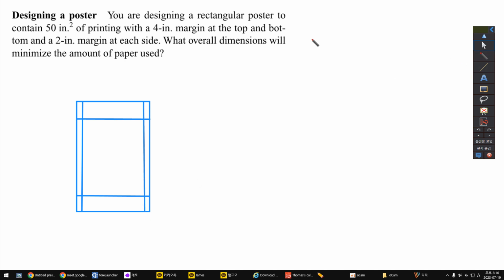So the original size is 50 square inches. So let's say this is width and length.